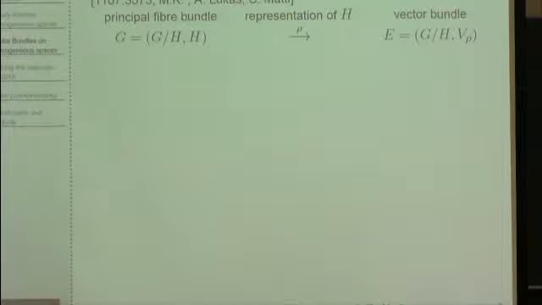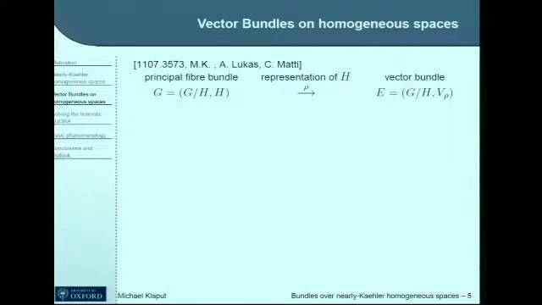For this, it is quite useful to recall that you can always view the Lie group G as a principal fiber bundle with fiber H over the base space G mod H. And then there's a well-known construction in differential geometry, the construction of associated vector bundles.